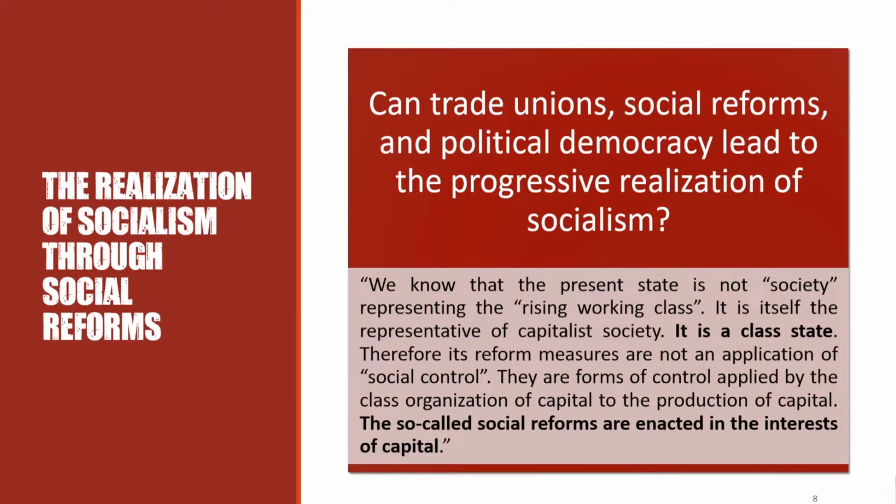So she says, we know that the present state is not society representing the rising working class. It is itself the representative of capitalist society. It is a class state. Therefore, its reform measures are not an application of social control. They are forms of control applied by the class organization of capital to the production of capital. The so-called social reforms are enacted in the interests of capital.